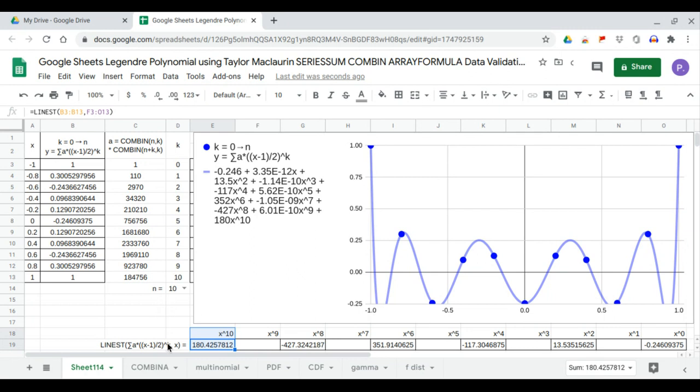If you want to know how this is derived, you can check other videos on LINEST polynomial regression.